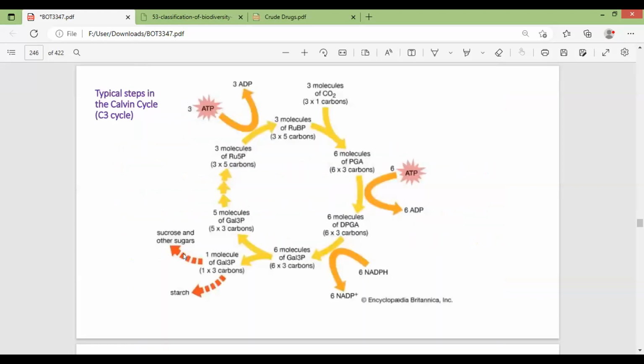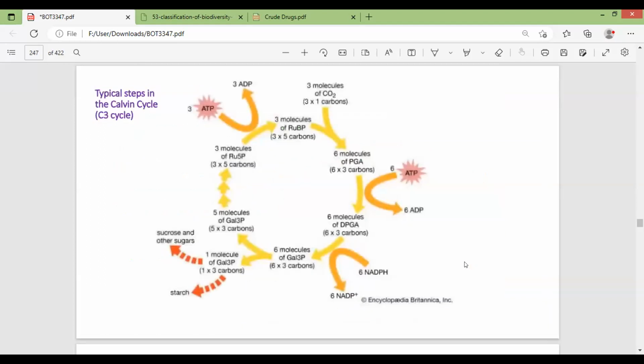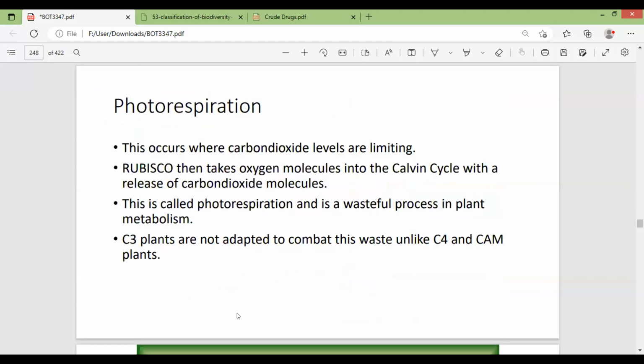Just know that it takes place in the chloroplast, and that there are two reactions: the light dependent reaction in the grana, life's good, light's grana, then the dark reaction in the stroma, also called the Calvin cycle. The stroma is where our sugars are produced, the likes of starch and sucrose.